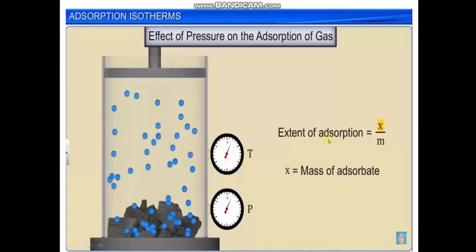So, extent of adsorption is represented by X upon M, where X is the mass of the adsorbate. It may be gas, it may be liquid, and M is the mass of the adsorbent.